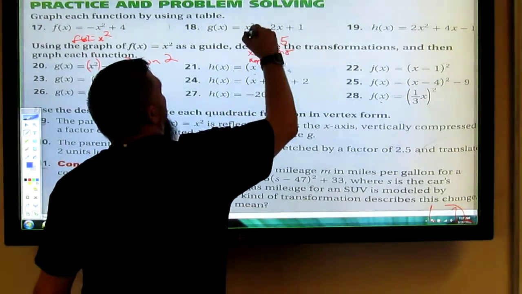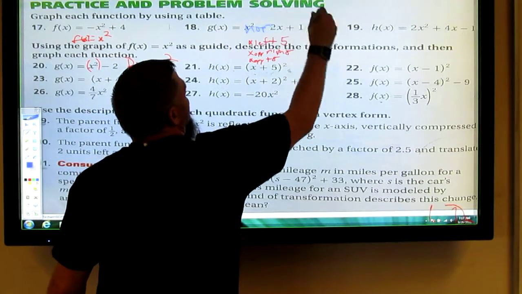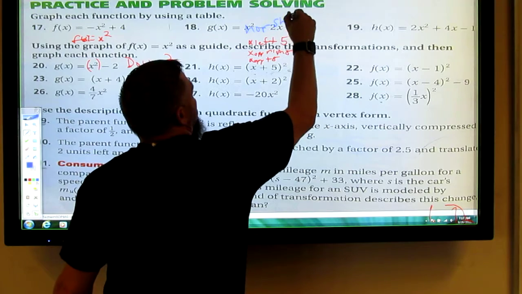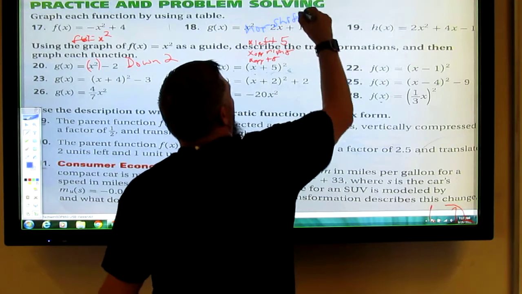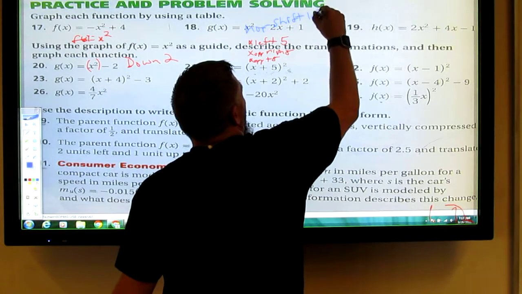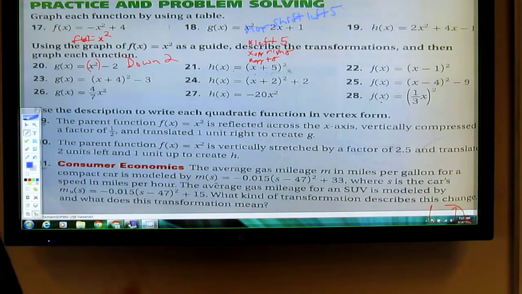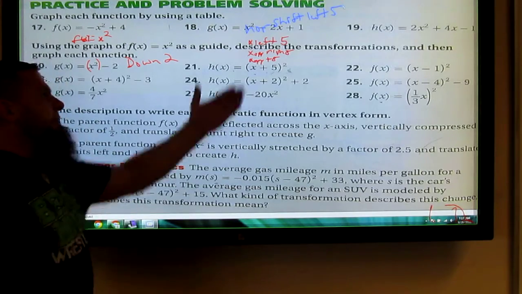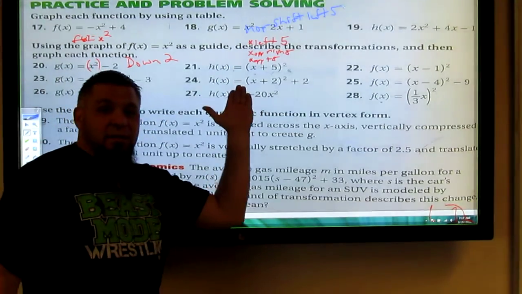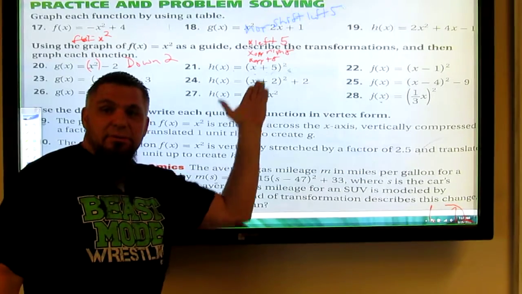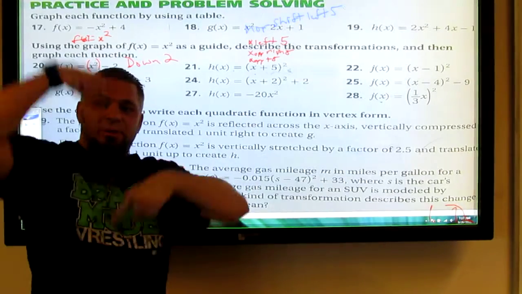So that means I got a horizontal shift left 5. Because x's are horizontal, right? Horizontal shift left 5. And then if I went from here, I could go back to x plus 5. See how it goes back and forth? We got to be able to go back and forth.